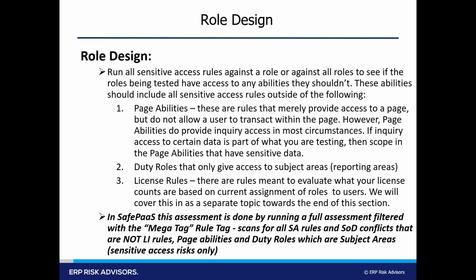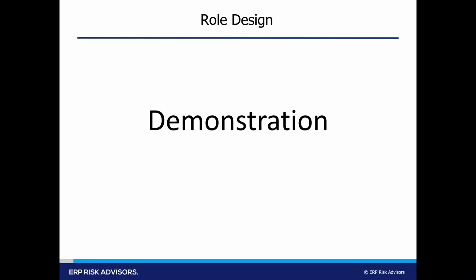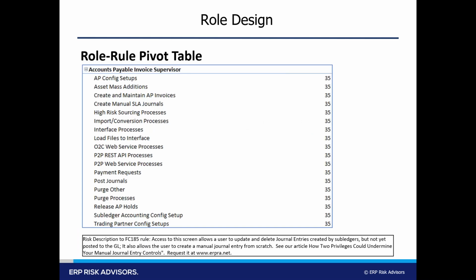And the nice thing about SafePaaS is they really have the ability to do tags. We have a lot of different types of tags, the groupings of rules. We have a massive subset of rules. And then if we want to look at what's in a role design, we have a couple of different things we'll look at.